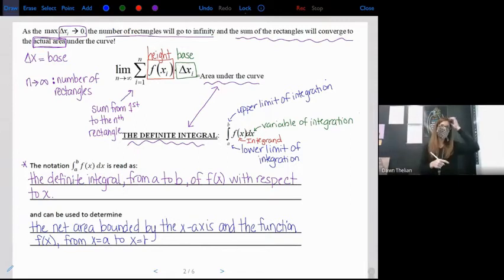That's the beginning and end of the space that you're looking at.